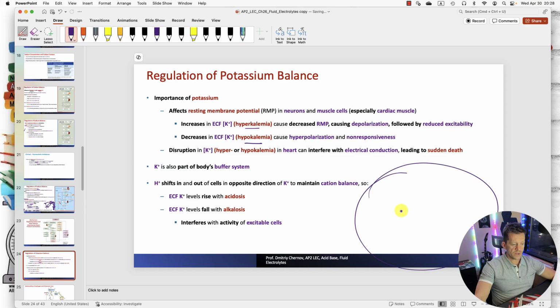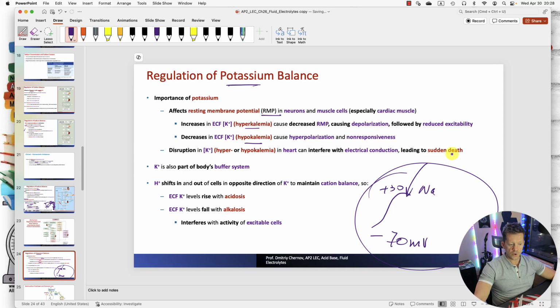So you remember this? Minus 70, that's what we try to maintain within the cell. So that creates the resting membrane potential, and potassium is very important to maintain resting membrane potential, just because when sodium enters, the cell becomes more positive, right? Now you're at plus 30, sodium enters.